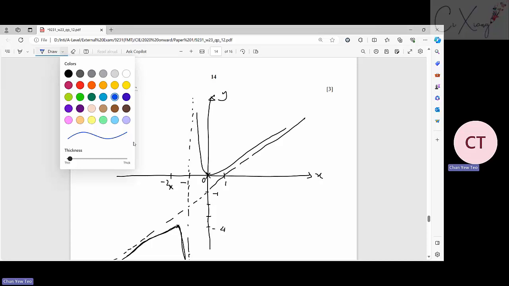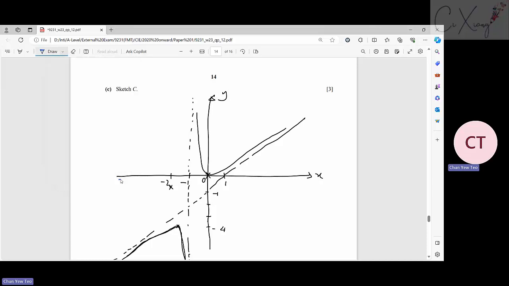Let me just separate it. So the graph is going to become like this. This is the 0 and go up like this. And this one, it will go down over here like this. So the graph for part E will be like this.